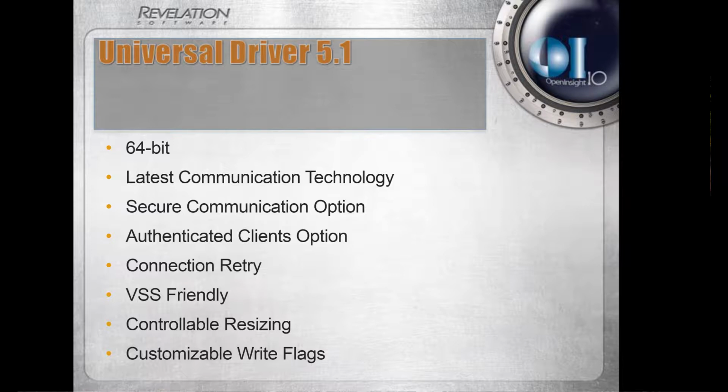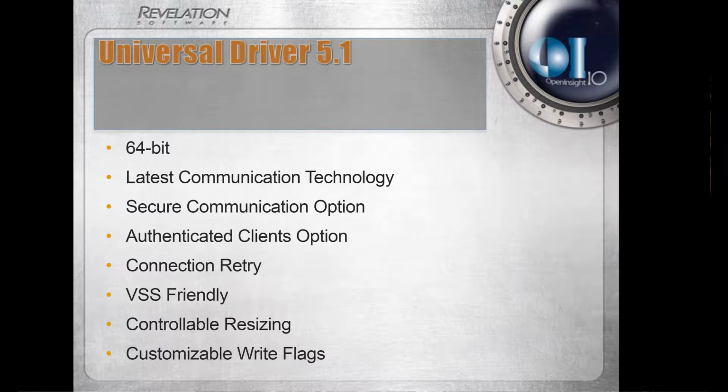Universal Driver 5.1 also has support for VSS. VSS stands for Volume Shadow Copy Service, and this is a feature that's implemented in the operating system. The Windows operating system allows backup software to take a snapshot of VSS-aware files so that the time that those files are unavailable because they're being backed up is much reduced.